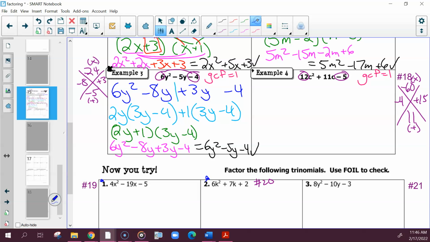So we could rewrite this. 12c squared minus 4c plus 15c minus 5. Split it down the middle. What could we divide out of the first two? 2 would work, but it's not the highest. 4 and c.